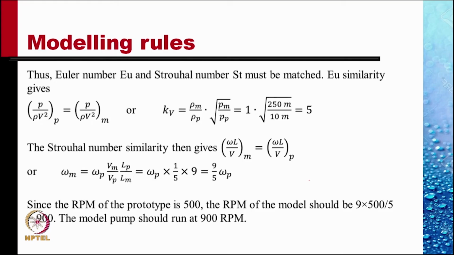Since the RPM of the prototype is 500, the RPM of the model should be 9 into 500 divided by 5. That is 900. The model pump should run at 900 RPM as against the prototype pump, which is to run only at 500 RPM.